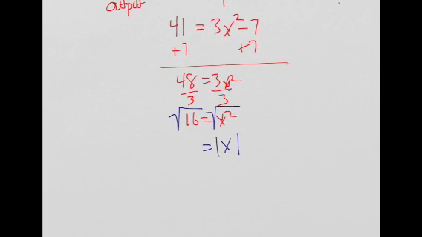So the absolute value of x equals 4. So x is going to equal 4, or x is going to equal negative 4. Okay, well, shall we check this out? Actually, we already checked one of these out. I just did f of negative 4 on the previous slide. Yeah, f of negative 4 equals 41. That checks.